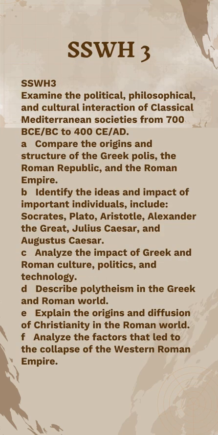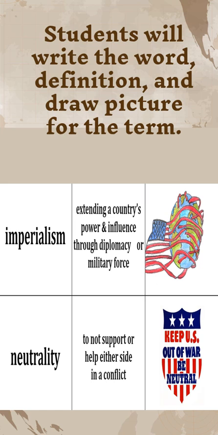We're going to look at Standard 3. Students will write the word on the left side. In the middle, they'll write the definition, and then they'll draw a picture on the right side. Of course, if you're using the plugged version, they can do an image search and put it in.